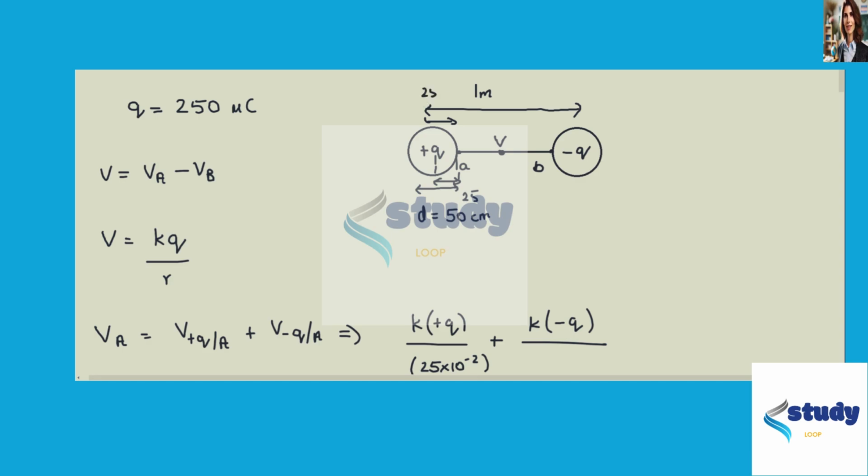And this distance, the distance between the surface and the center, is also 25 centimeters. So we'll subtract 1 minus 25 into 10 to the negative 2 minus another 25 into 10 to the negative 2, and that gives us 1 minus 50 into 10 to the negative 2, and subtracting 50 into 10 to the negative 2 from 1 gives us 0.5.